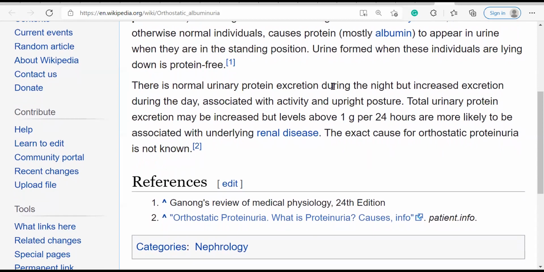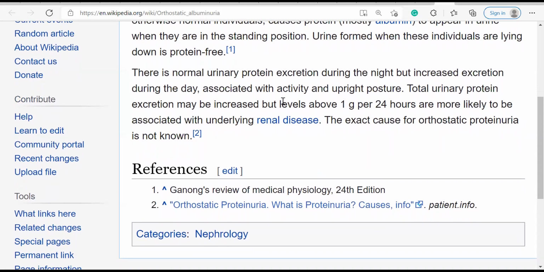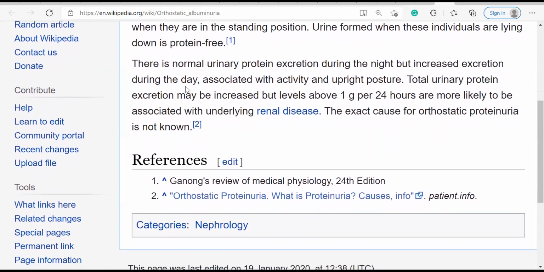There is normal urinary protein excretion during the night, but increased excretion during the day, usually increased with activity and upright posture. Because obviously during the daytime, unless you are very lazy or critically or terminally ill, you will stand and you will do your work.